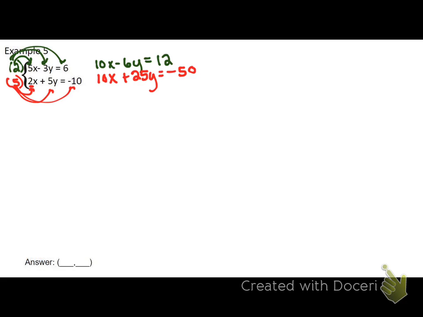Okay, so that was basically step 1 on my notes. So after I get a common coefficient, I have to determine if I need to add or subtract the equations in order to eliminate the x's. In this case, I'm going to have to subtract.